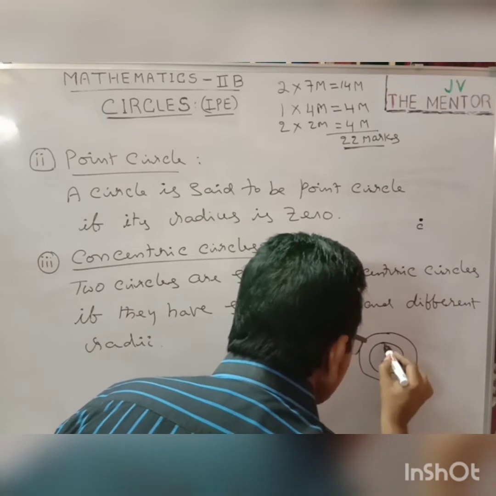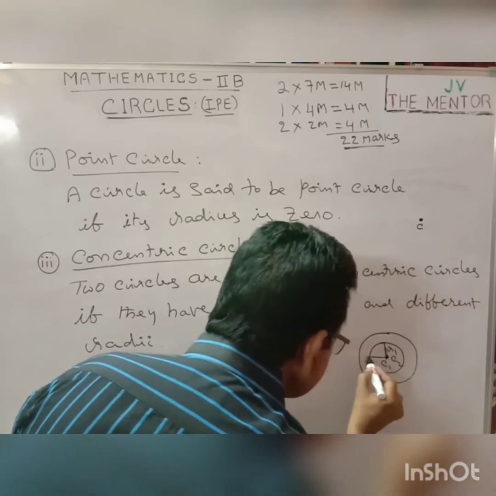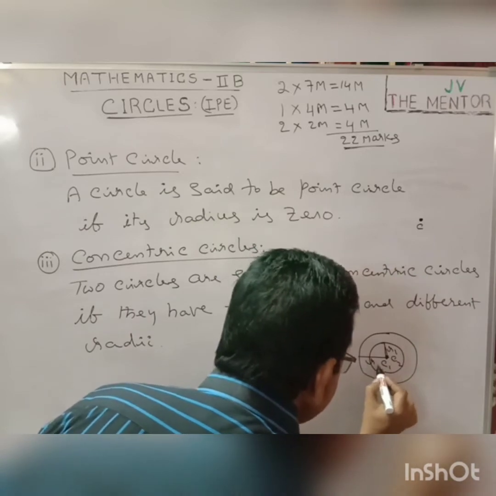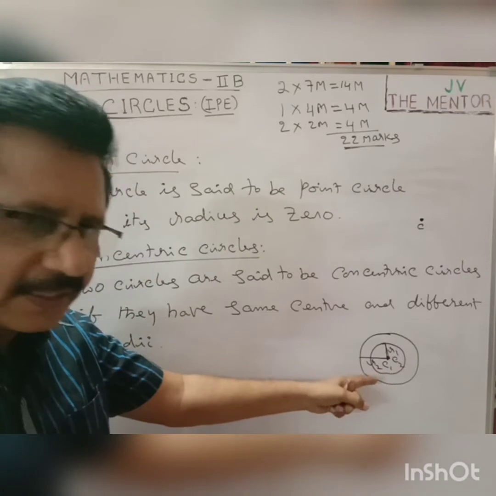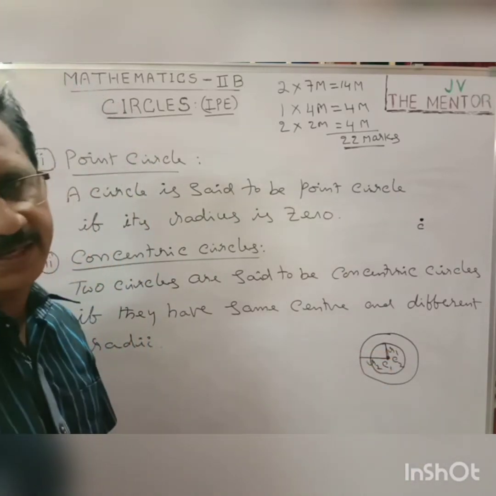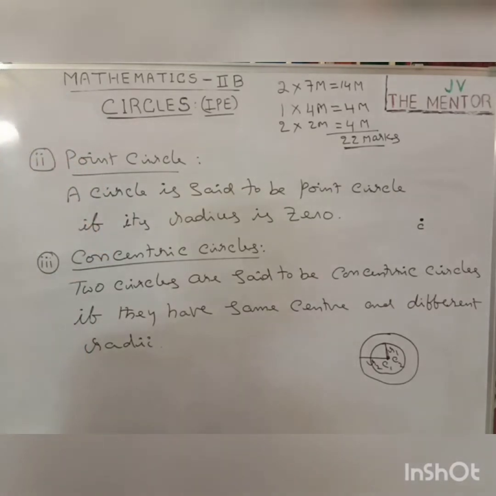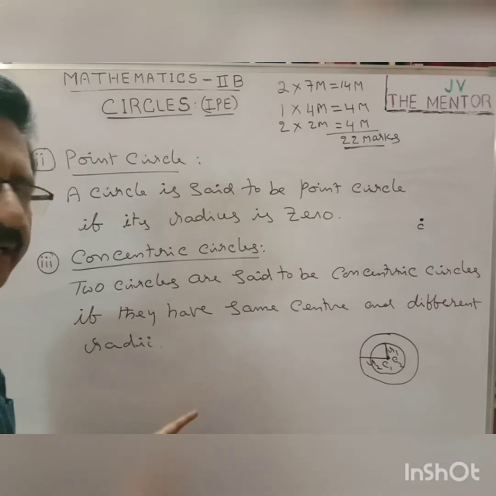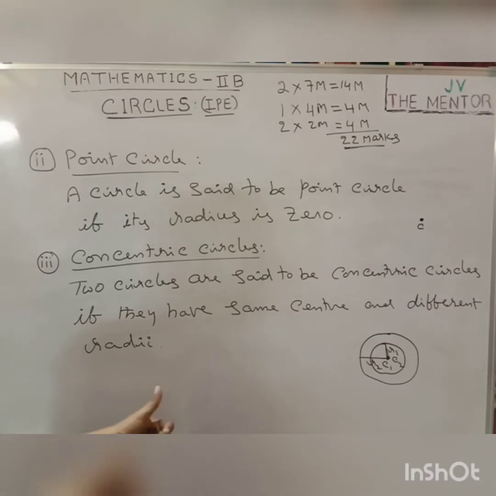This is the radius of the first circle R1. This is the radius of the second circle R2. So these two circles have the same center and different radii. Now, the equations of two circles differ by a constant. In concentric circles, the equations differ by a constant. Okay, write down.